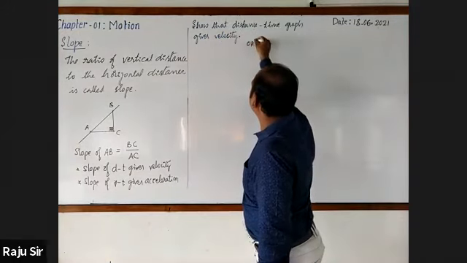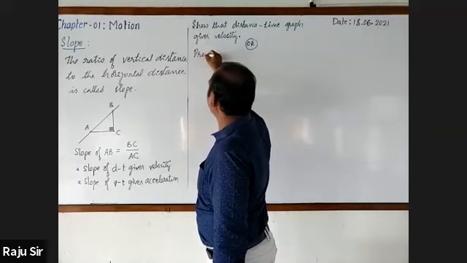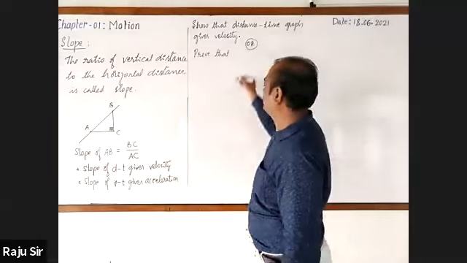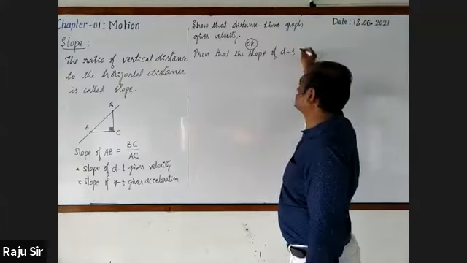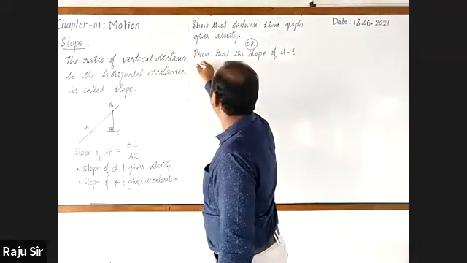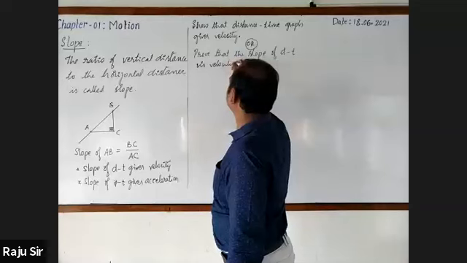Another question: prove that. Even you can write show that also. Prove that the slope of distance time graph or dt graph, slope of dt is velocity.